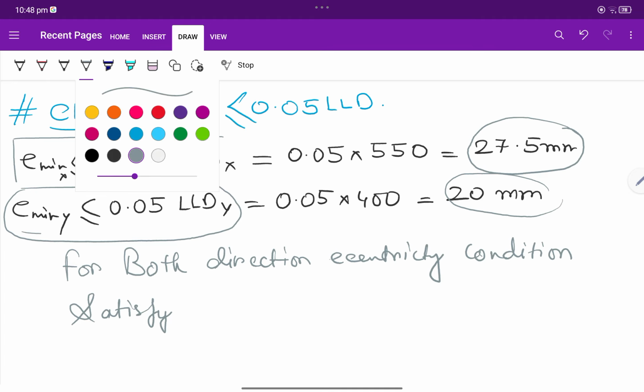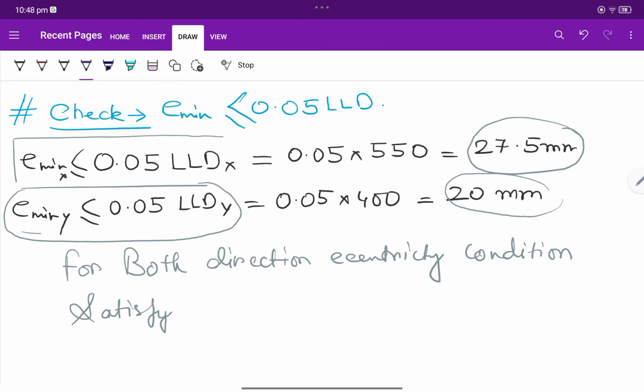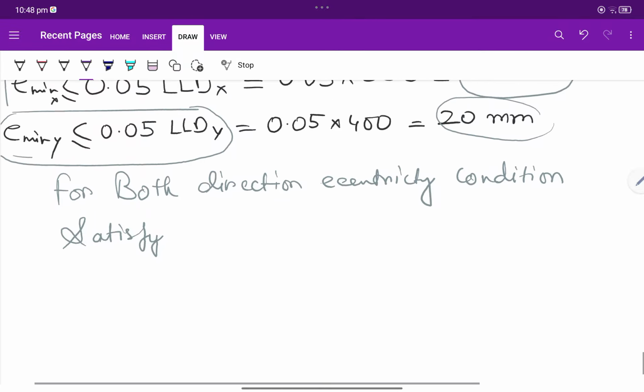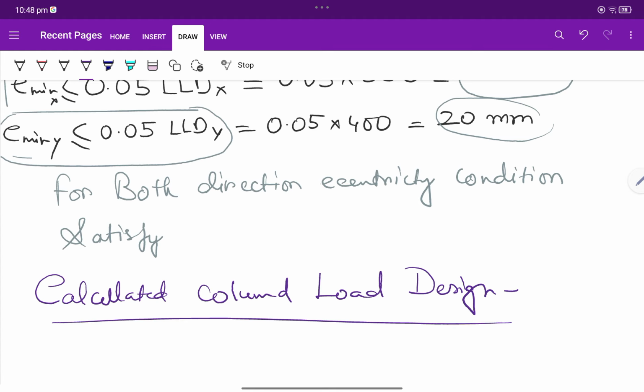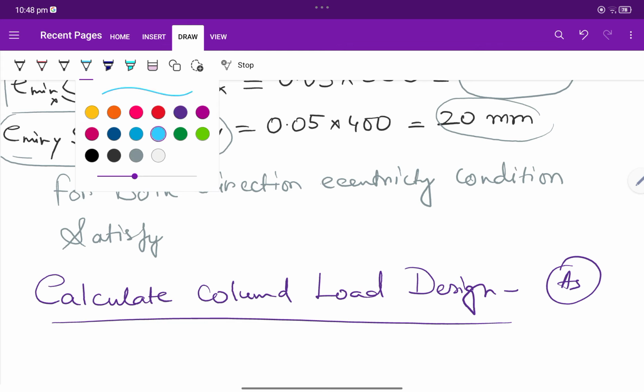Okay, so now we will use our formula, that is, now we will calculate the column load design. Okay, so what is our aim for calculating here? So mainly our aim is to calculate the area of steel, AS, or AST, whatever you can write.